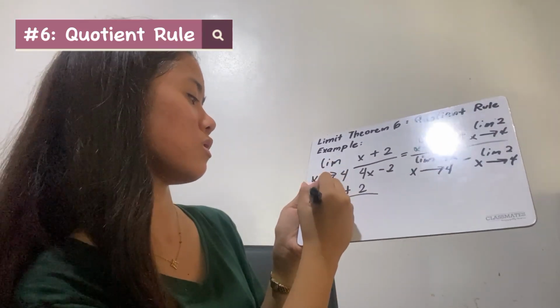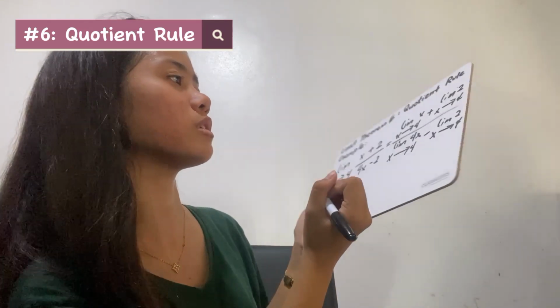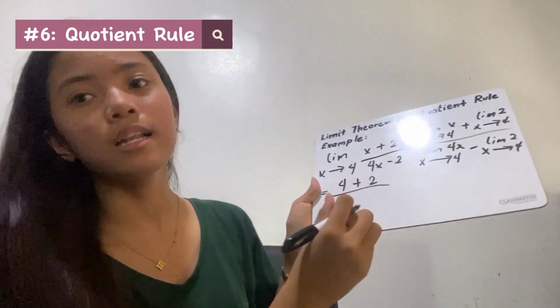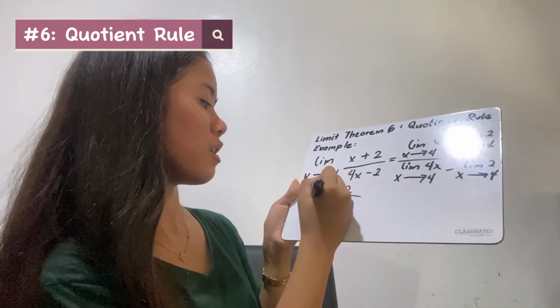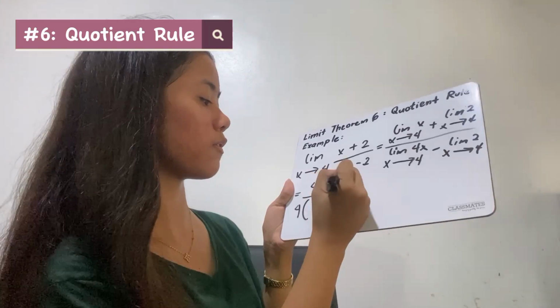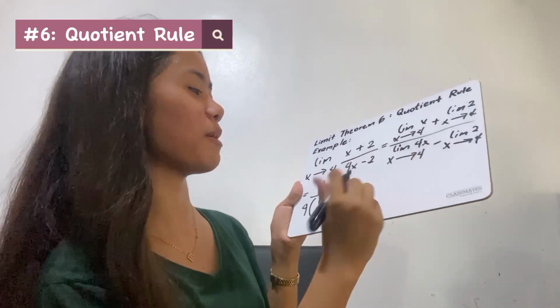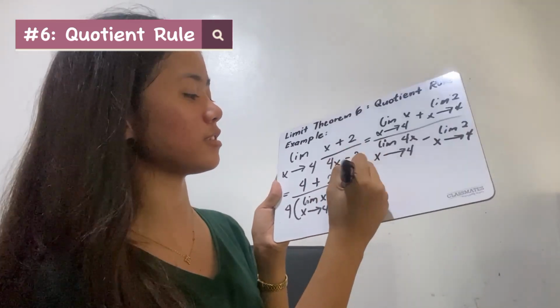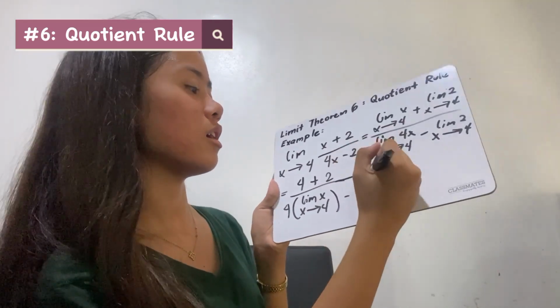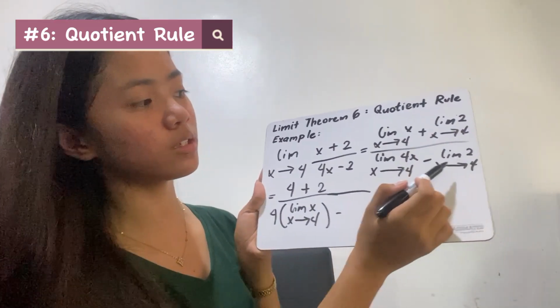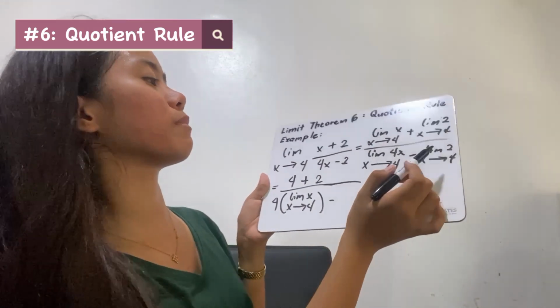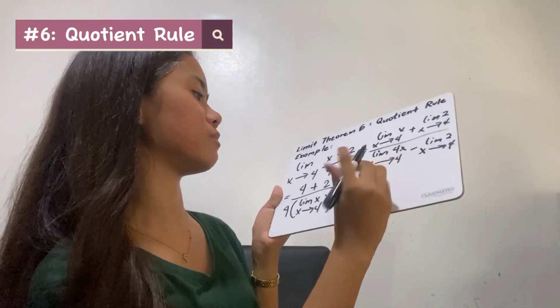Ang gagawin dito is the limit theorem number 3, which is the constant multiple rule. Lalabas mo yung 4 multiplied by the limit of x as x approaches to 4. Minus ang operation. Apply mo ulit dito yung limit theorem number 1. So, magiging sagot is 2.